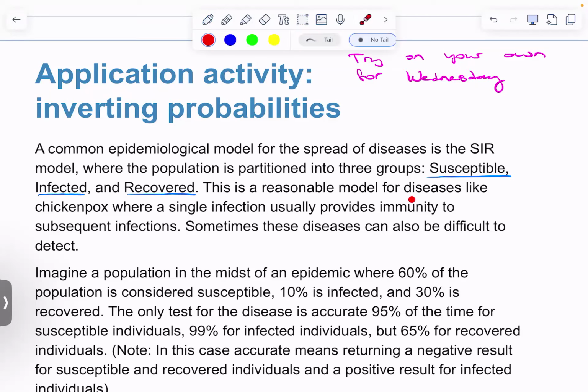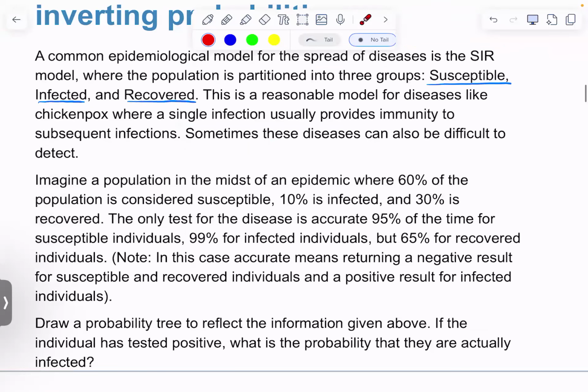This is a reasonable model for diseases like chickenpox, where a single infection usually provides immunity to subsequent infections, right? Once you've had chickenpox, it's very unlikely that you'll get it again, right? And sometimes these diseases can also be difficult to detect, which is going to affect our probabilities.